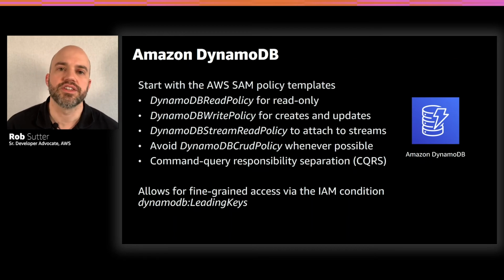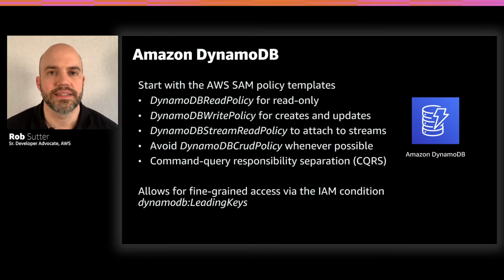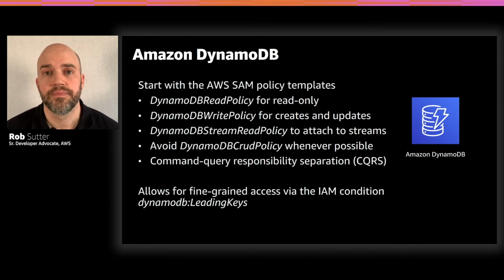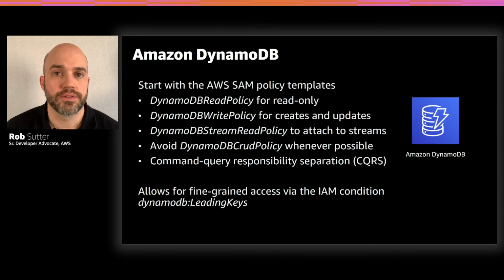There's a note here at the bottom of this slide about IAM condition DynamoDB leading keys. This is extremely fine-grained access to data in your DynamoDB table via an IAM policy. For example, you can grant access on an authenticated request only when the key to the item begins with the customer ID. You can use this, for example, to protect information on a per-user basis.